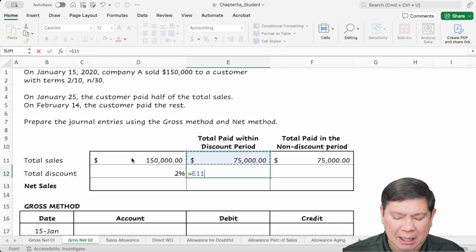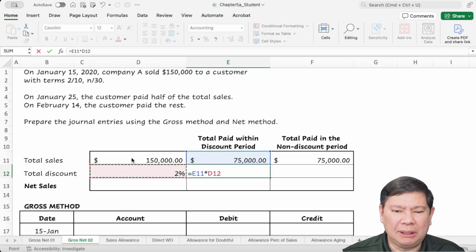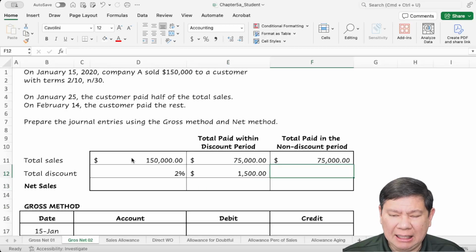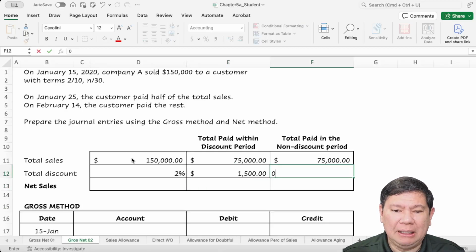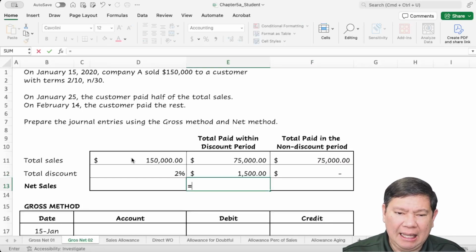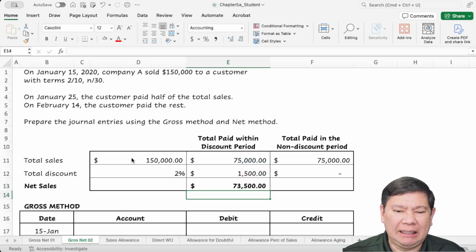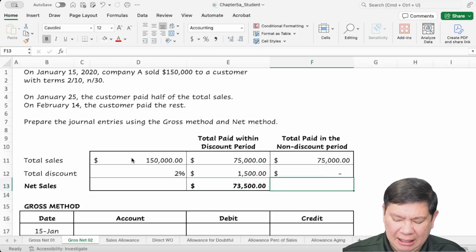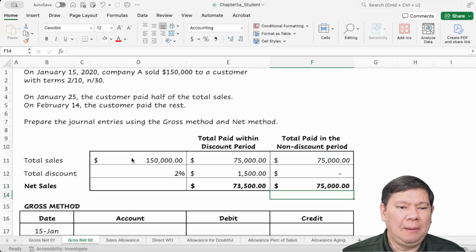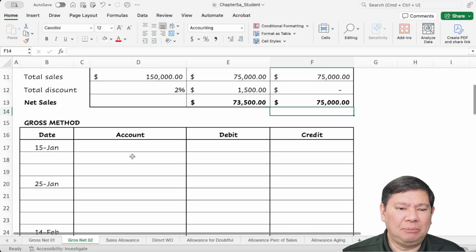So the first payment gets the discount, 2% of $75,000, $1,500, but the second payment doesn't get any discount. So the net amount from the first payment is only $73,500, and from the second payment it is $75,000. Okay, let's take a look at the gross method first.